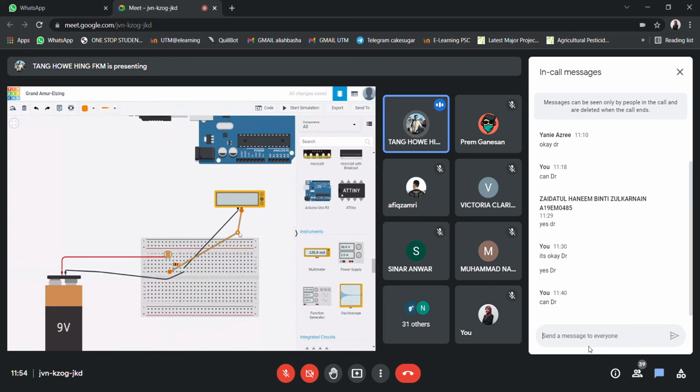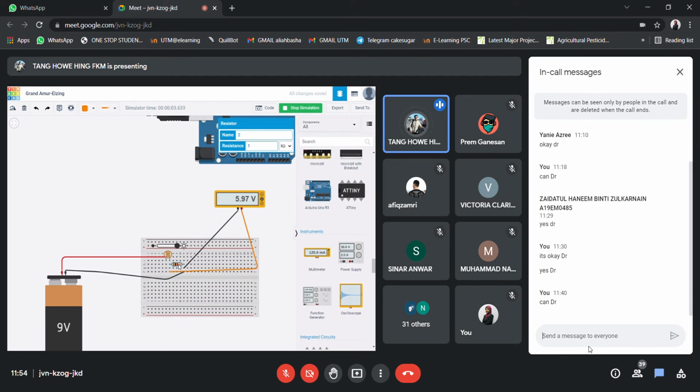Yeah, that is here. Okay, so you can see that after I make these adjustments, initially when it is complete darkness, it is close to 0 volt, and once I increase the brightness, the voltage also increases.